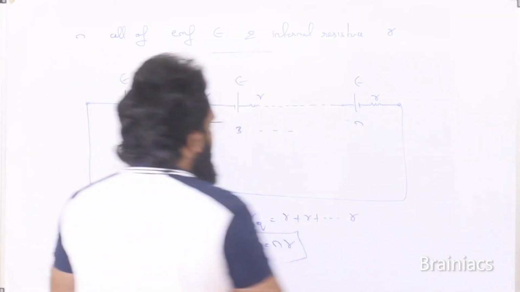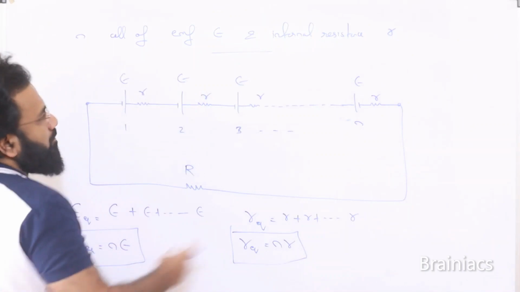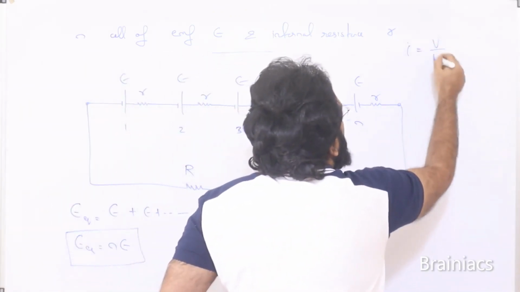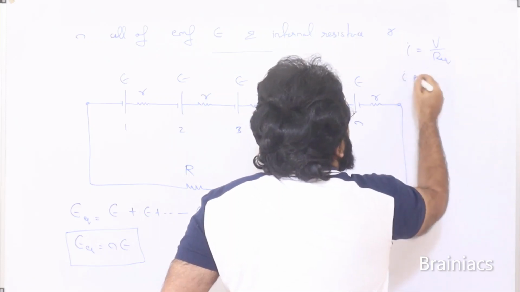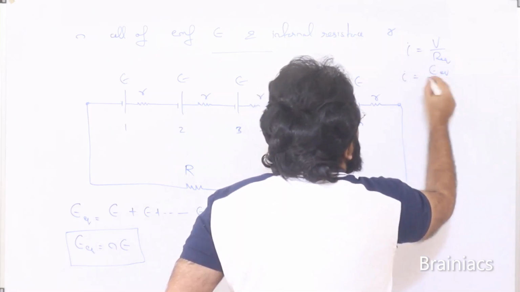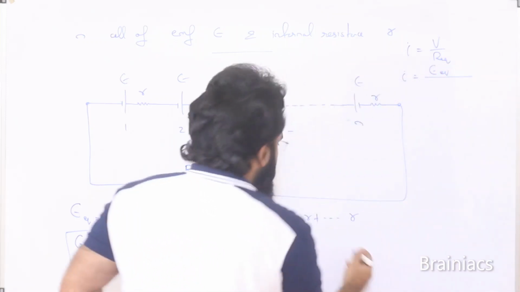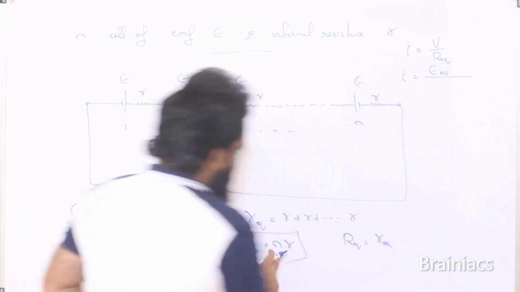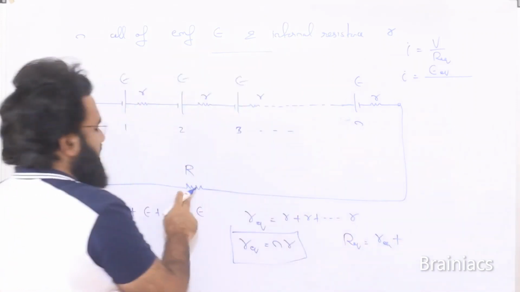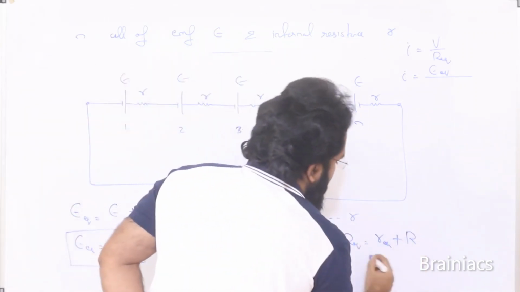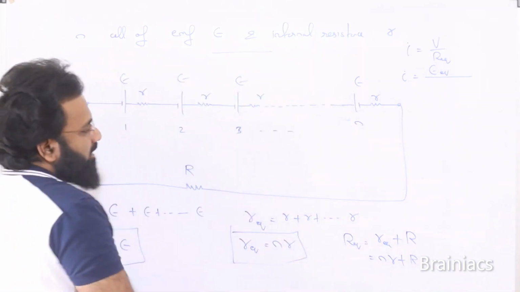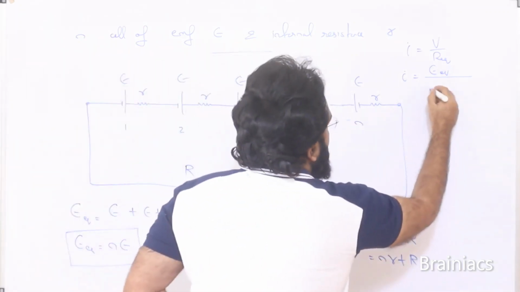Now, what will be the value of current? So I is equal to V by R equivalent. So I is equal to E equivalent divided by the total R equivalent, this one plus this external resistance R. So we can write NR plus R. So that we will substitute here.